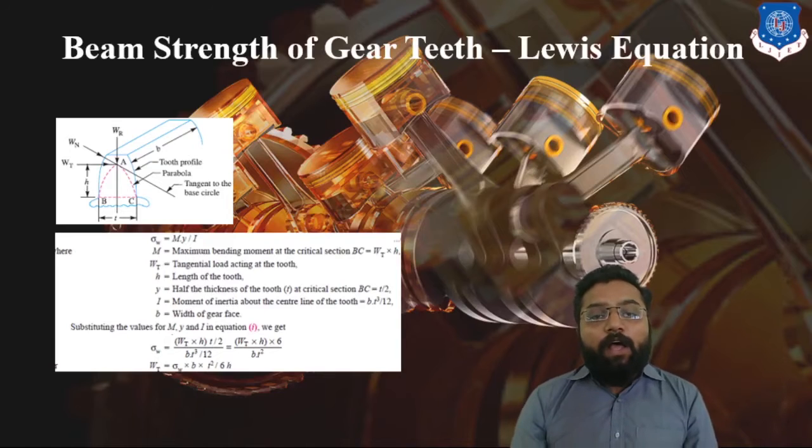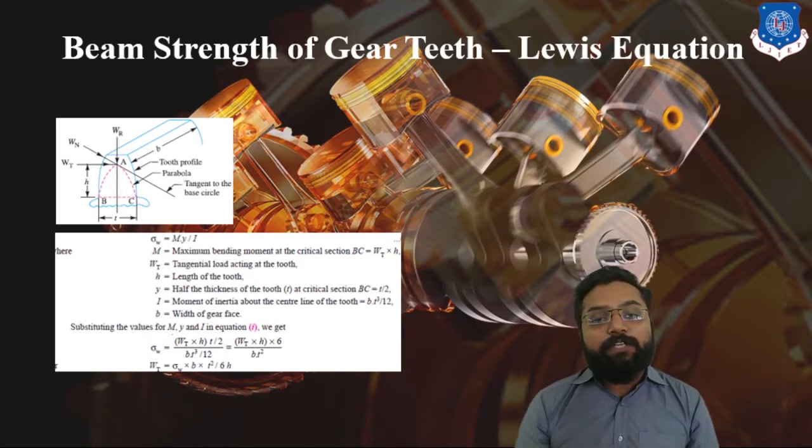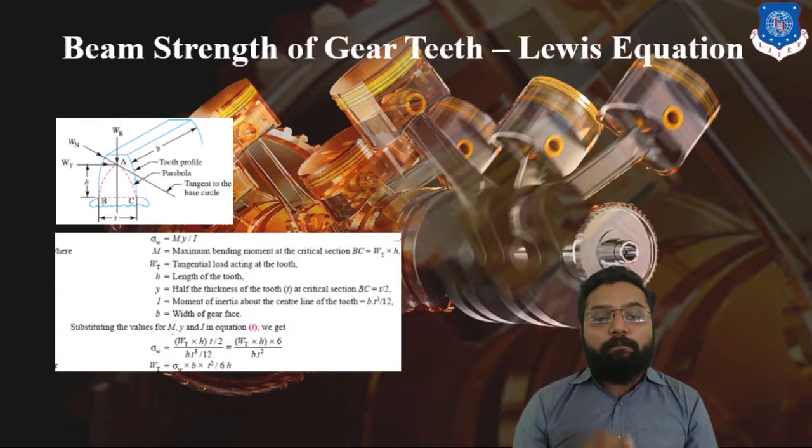So here, if I am considering Wr as our driving force, then I have to consider compressive stress theory. But when I am considering Wt as our driving force, our thrust force, then that is our criterion for bending stress. So our equation is M by I equals sigma upon Y, the classical equation for bending stress.